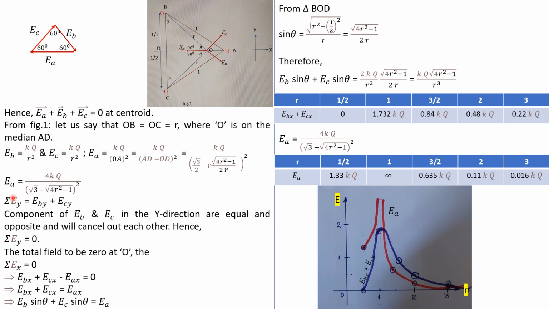Now the summation of the electric field in the y direction will be the components of the EB and EC fields in the y direction. These are equal and opposite and will cancel each other, so the summation of Ey is 0.